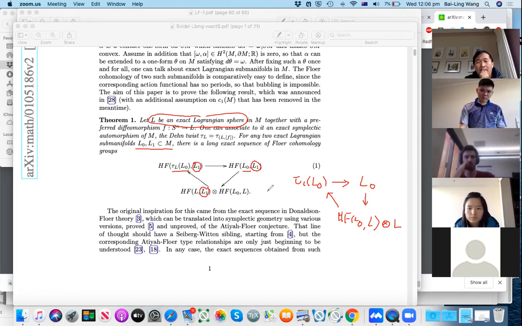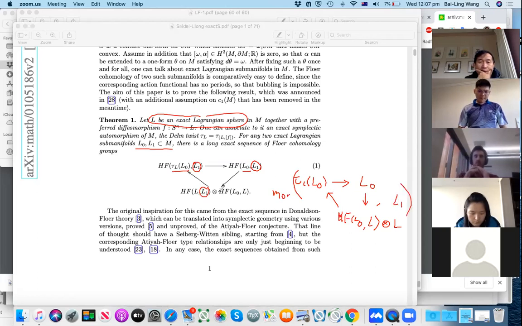Then you apply, so these are three objects in the Fukaya category. Of course, this is in terms of vector spaces. And then this sequence is essentially the morphism applied to the whole thing to L1.